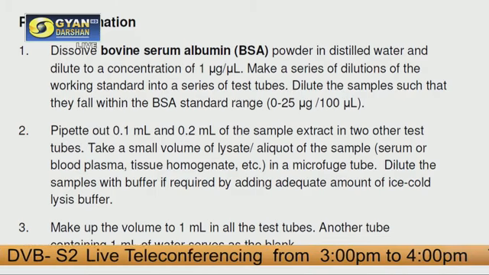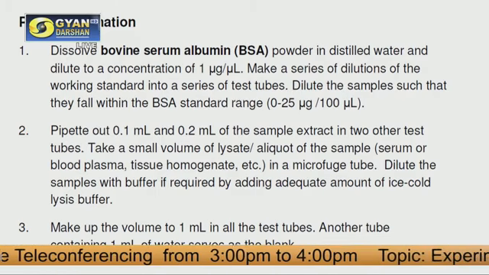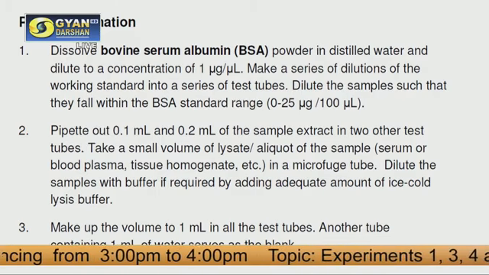Now protein estimation, because the protein that you have isolated is an unknown protein. If you want to know the concentration of the total protein in your sample, you need a standard. What would be the standard? The standard would be bovine serum albumin.